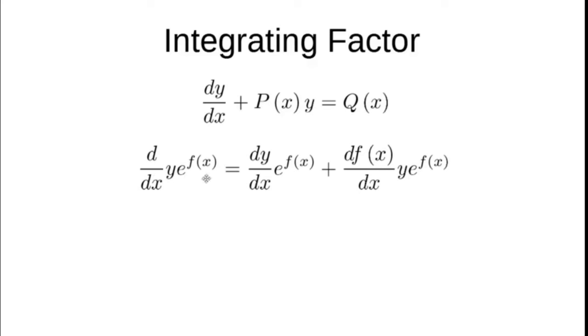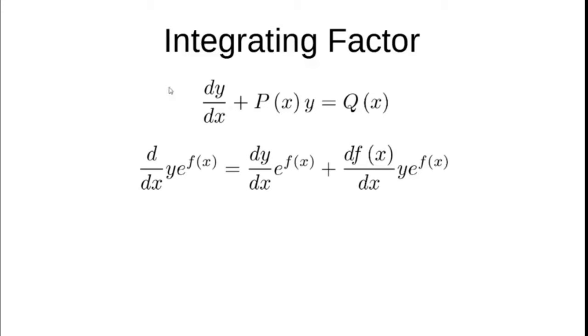So if you differentiate y e to the f(x), you get dy by dx times e to the f(x), that's this term times e to the f(x), plus df by dx times y times e to the f(x), which is kind of like p(x) if p were df by dx, times y times e to the f(x). So we've got both of them times e to the f(x), but also it looks a bit like this.